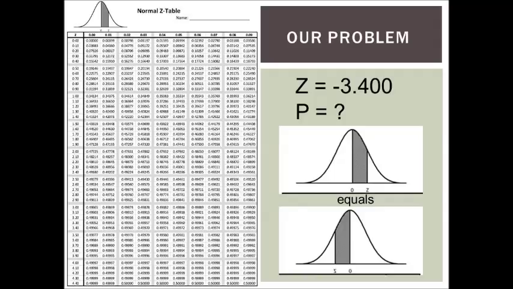But if we have a negative z, that just means our z value is to the left of the mean, and the probabilities are exactly the same because our distribution is symmetrical. So if you have a negative z value, you just look up the positive z in the z-table, and it will be exactly the same. So you do that. Look up the z value of 3.4 in the table and see if you can tell me the probability associated with a z of negative 3.4.